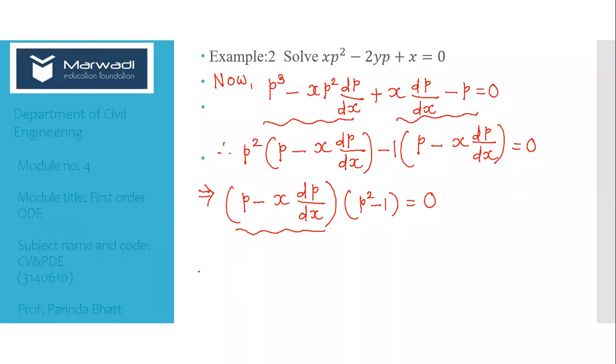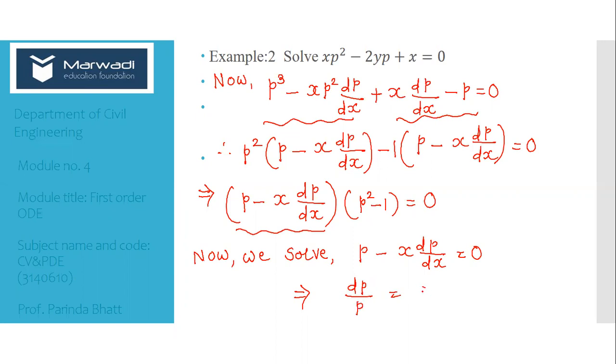Now, we solve for this factor. p minus x dp by dx equal to 0. Therefore, dp divided by p equal to dx by x. If you do not understand, then write like that: p equal to x dp by dx. Now this p moves to this side and x dx moves to the other side.